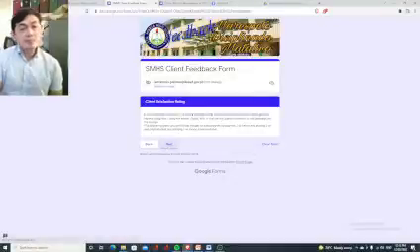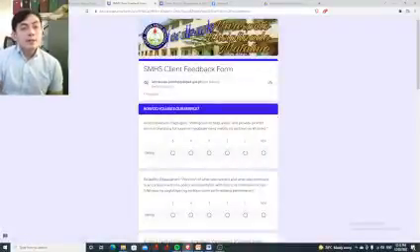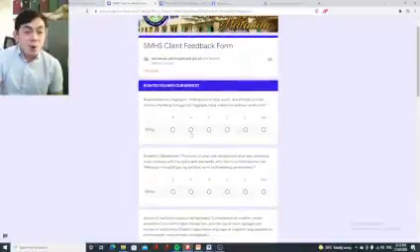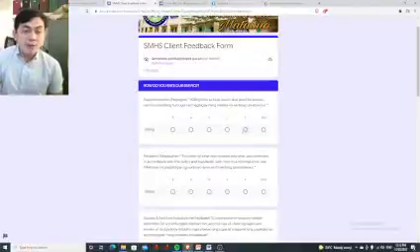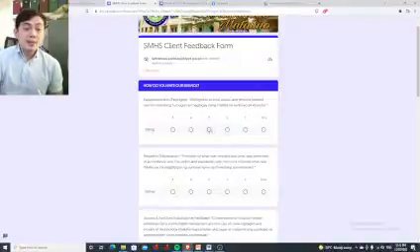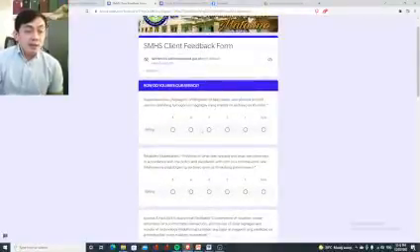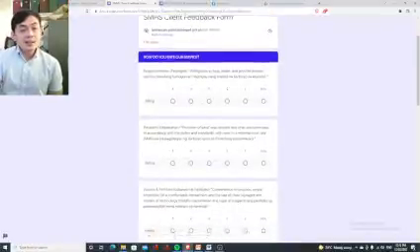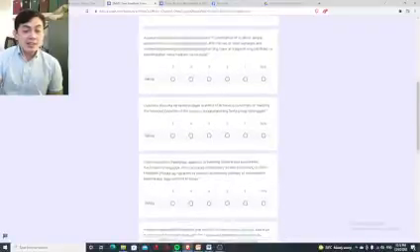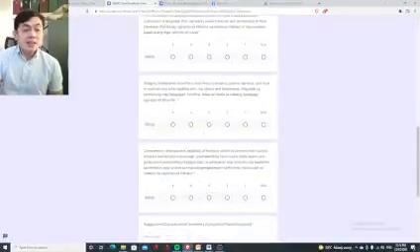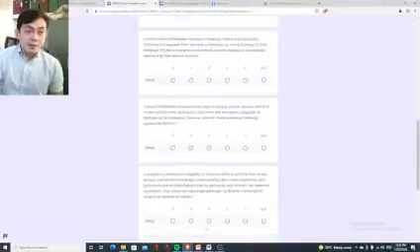Then you identify a rating from 1 to 5: 1 for poor, 2 for unsatisfactory, 3 for satisfactory, 4 for very satisfactory, and 5 for outstanding. You may rate with the following categories: the responsiveness, the reliability, the access and facilities, the outcome, communication, the integrity, and the competency of a particular personnel.